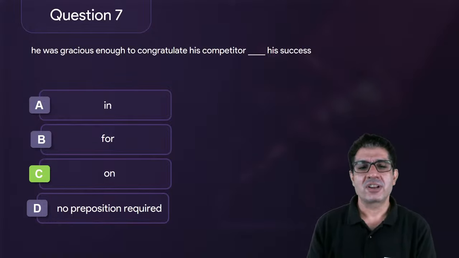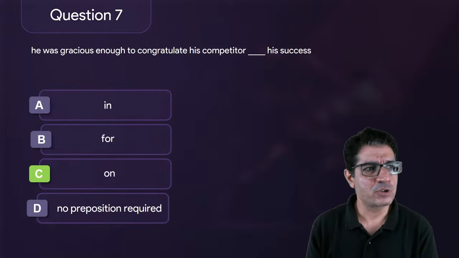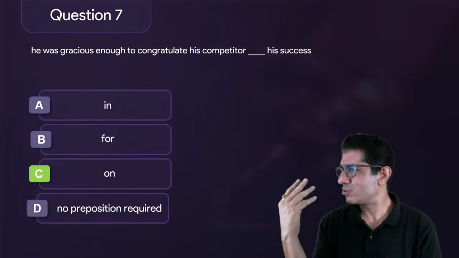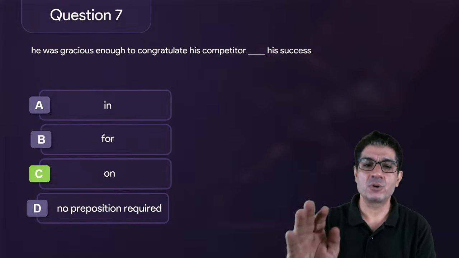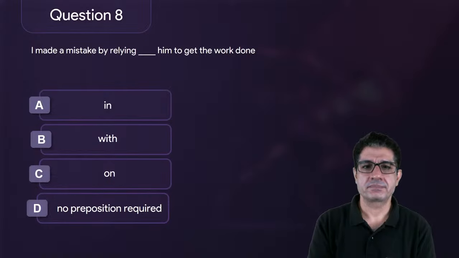Yeah, congratulations for saving our house from getting auctioned. But that's a very specific situation, right? In this case, you don't see a specific situation, and therefore you wouldn't really use for. You need to stick to using on. Here is the next one.